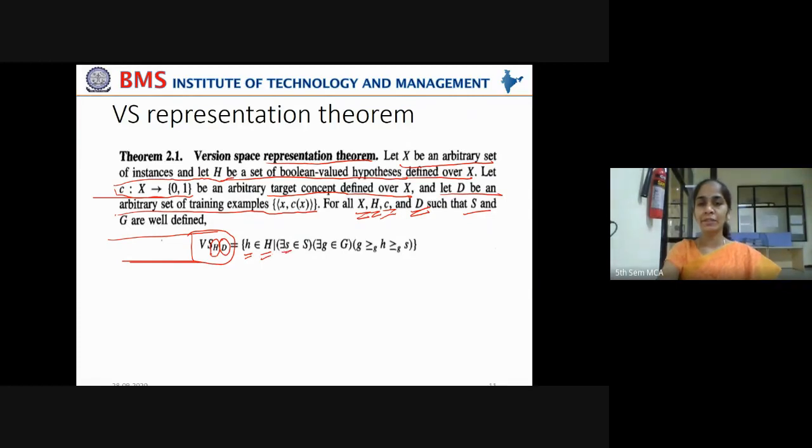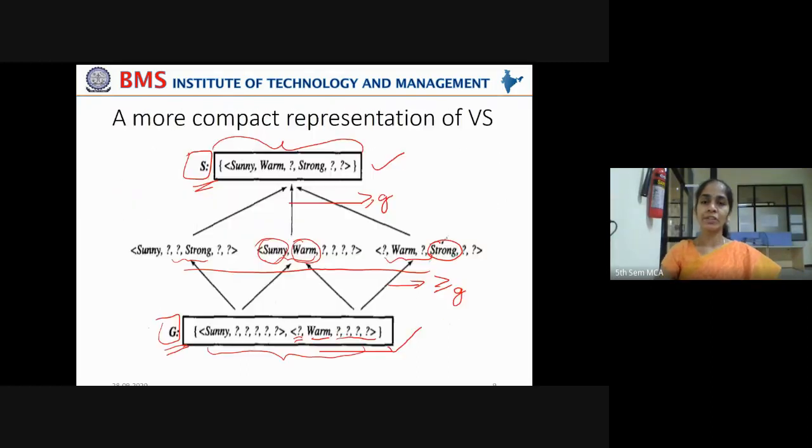There exists a specific hypothesis that belongs to the specific boundary, and there exists a general hypothesis that belongs to the general hypothesis boundary. And now what is the further condition? G, that is the general hypothesis, should be more general than any of these hypotheses, and this should be more general than any of the specific hypotheses. That is what is mentioned, right?